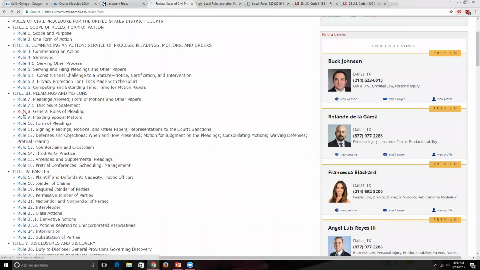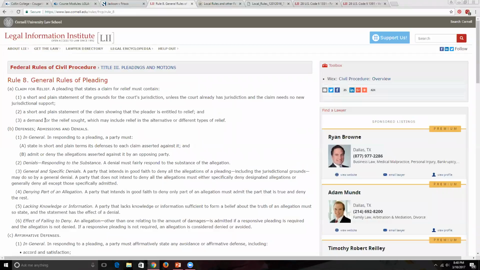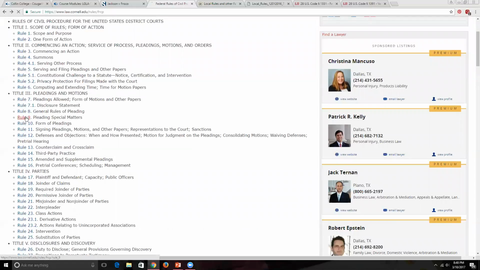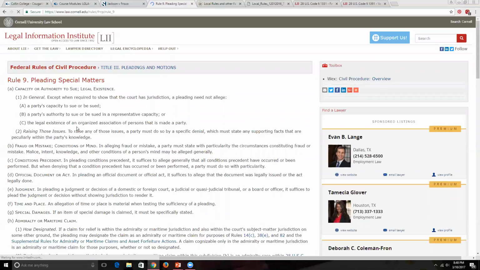So let's look at Rule 8 for a second here, just for a second. We've already gone over the jurisdictional requirements, and now we're up to this section. We're giving a plain and short statement of the claim showing that the pleader is entitled to relief. Now we're going to go forward into Rule 9 and see when we're pleading special matters.